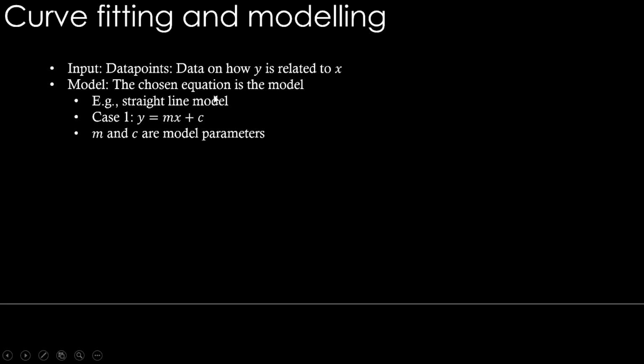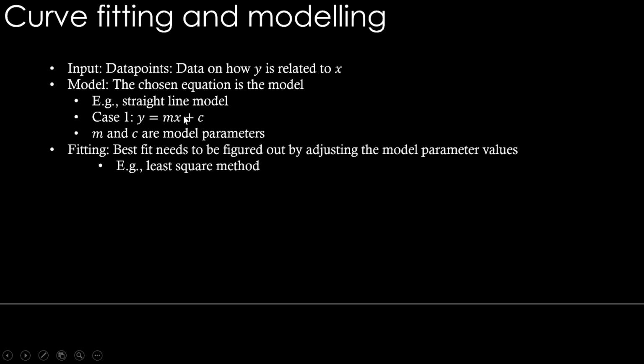The straight line model is used in case 1, y equals mx plus c, and m and c are model parameters. In the equation, you would call them coefficients, right? So here m and c are model parameters. This is a different terminology we are going to use. For the equation, we are going to use the word model, and the parameters here are called model parameters.